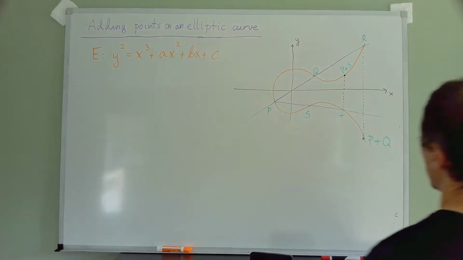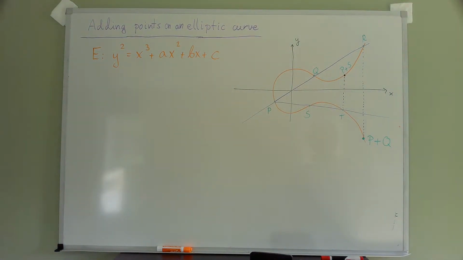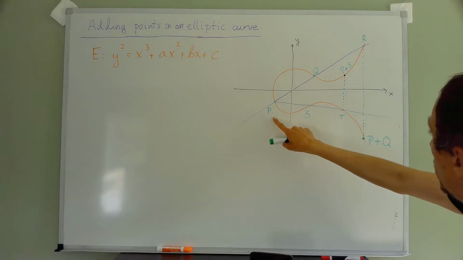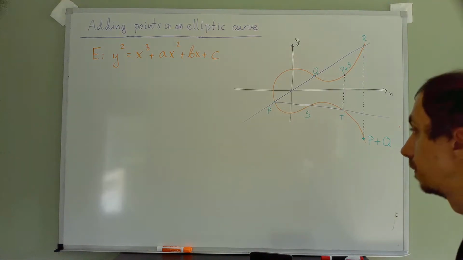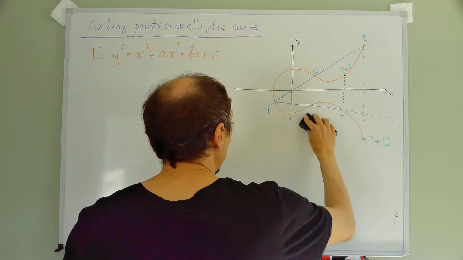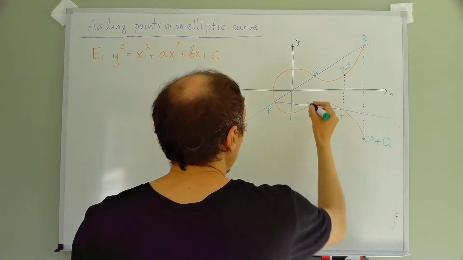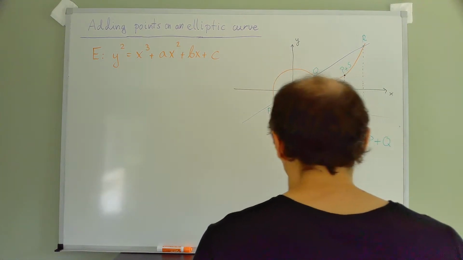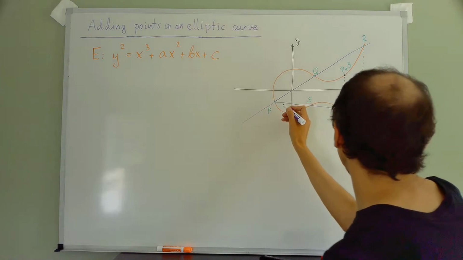What else could we add? How about I'll try to now add P and P plus Q. Okay, so I move this letter S out of the way, and I try to add P and P plus Q. So I connect them by a line.